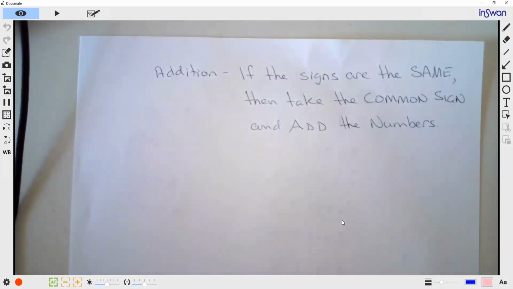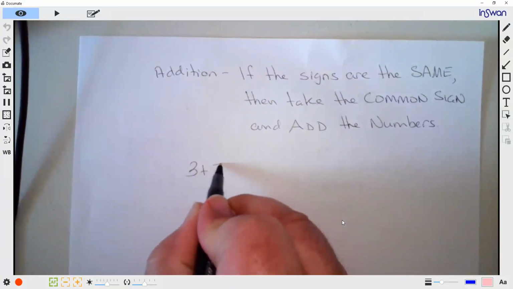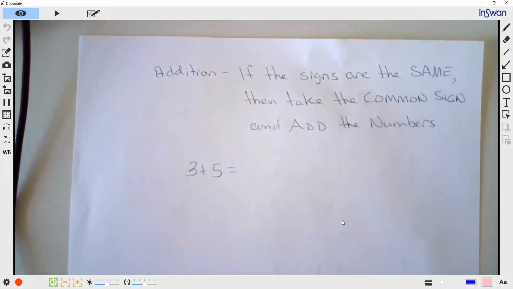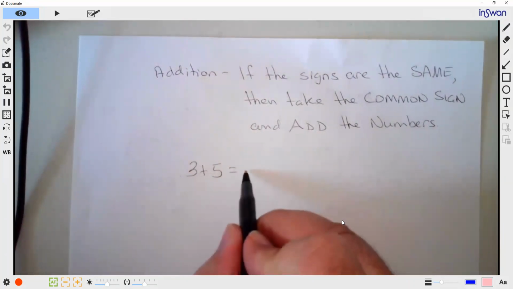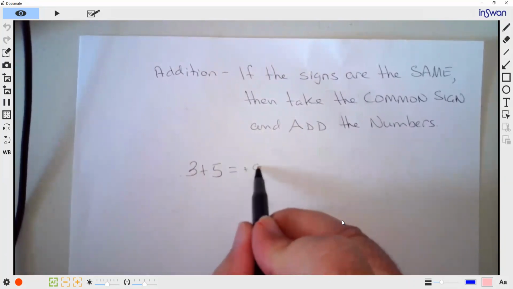Now we're looking at numbers that have different signs later. 3 plus 5. Whenever you deal with signed numbers, always look at the signs first. They're both positive, so the answer is going to be positive. 3 plus 5 is 8.